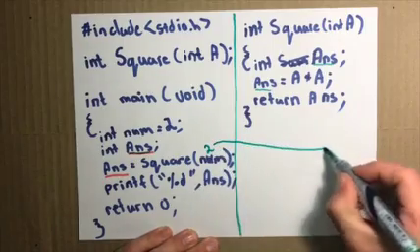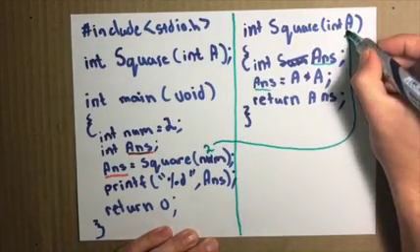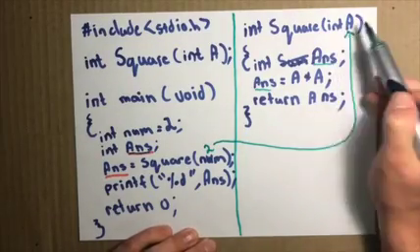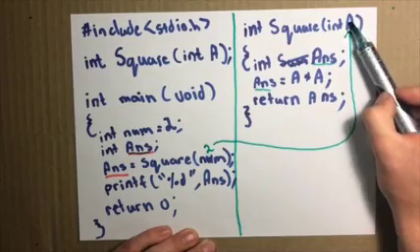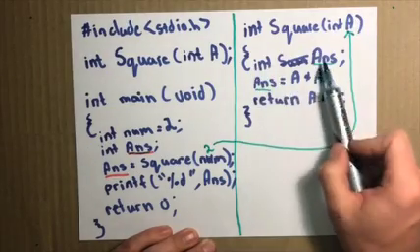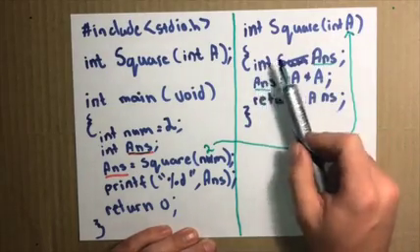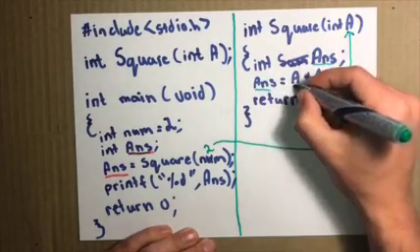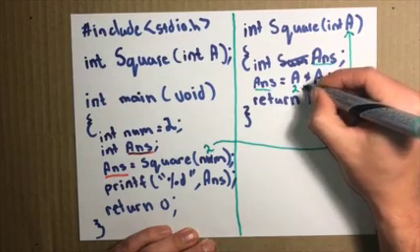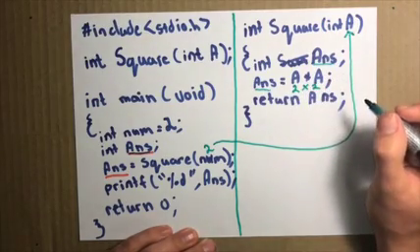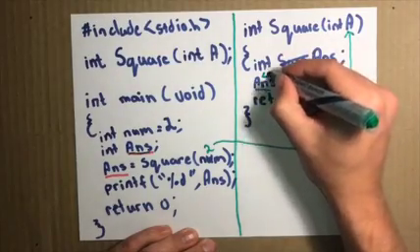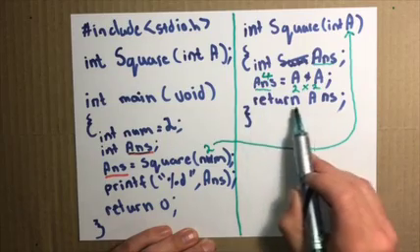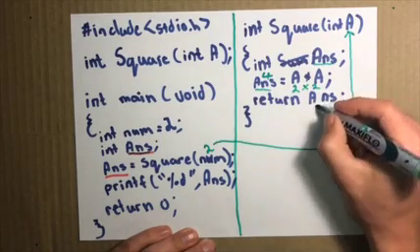Num, the value of 2, is sent to a, our parameter in our function. And now we can work with a. Then we say int ans, and then ans is equal to a times a. So it's effectively a times a, and that will give us 4. And then we return answer, and answer is 4.